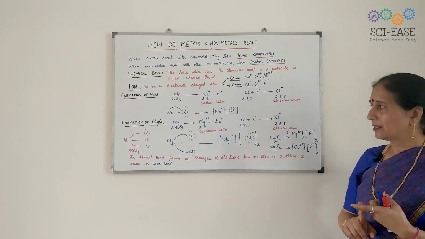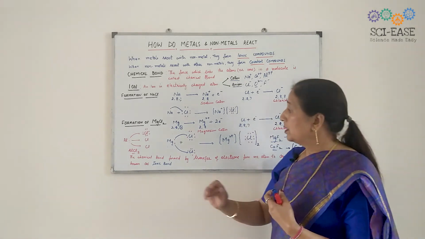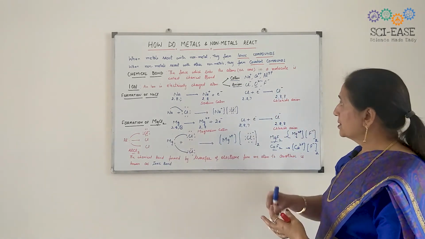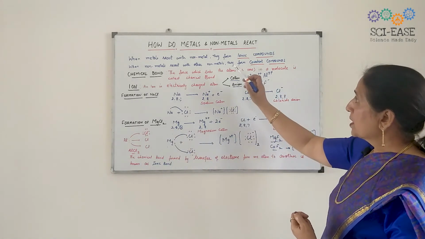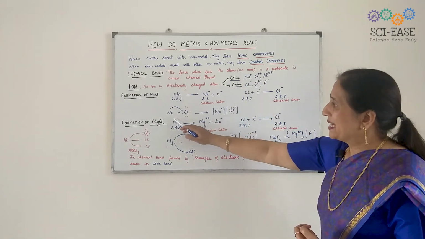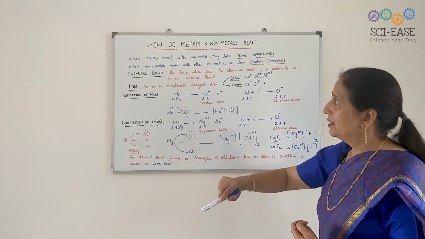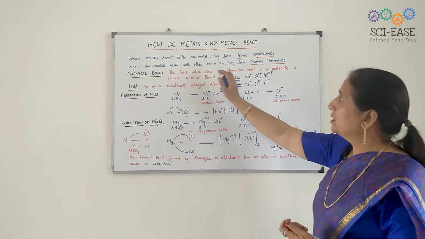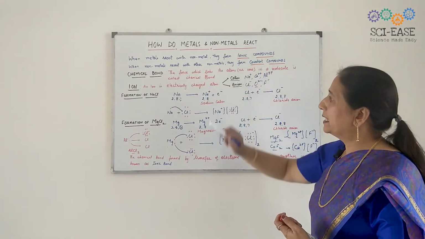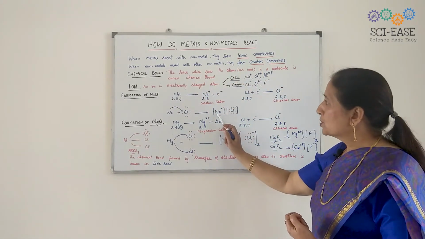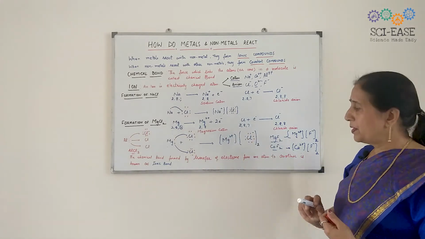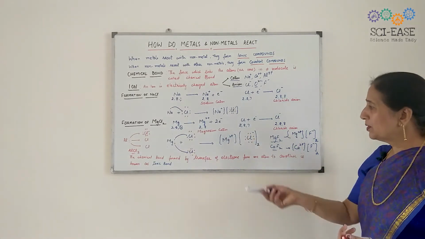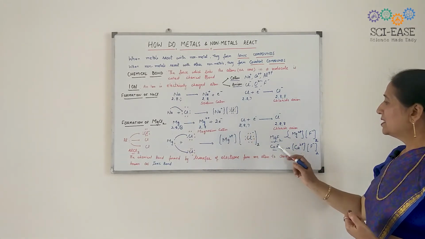So you must practice. Now these compounds which are formed, this is a metal and this is a non-metal. So when a metal reacts with a non-metal, they form ionic compounds. Sodium chloride is an ionic compound. Magnesium chloride is an ionic compound.